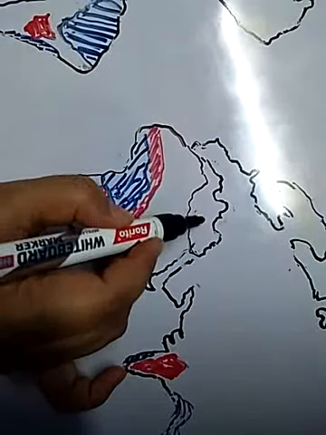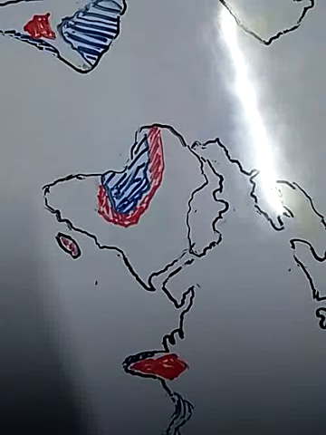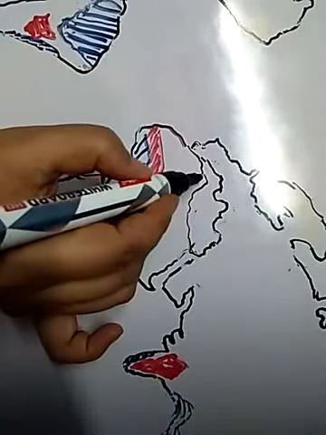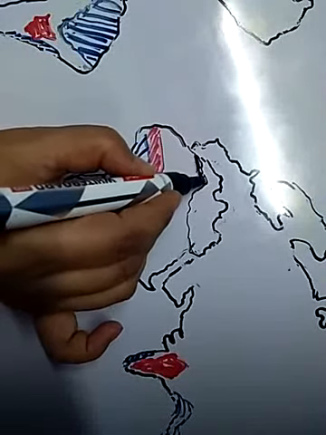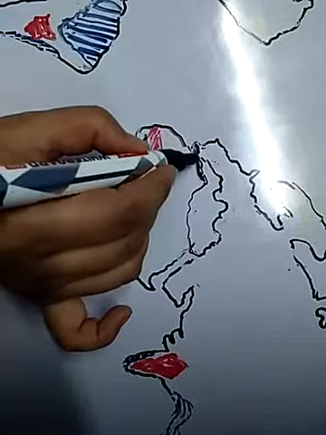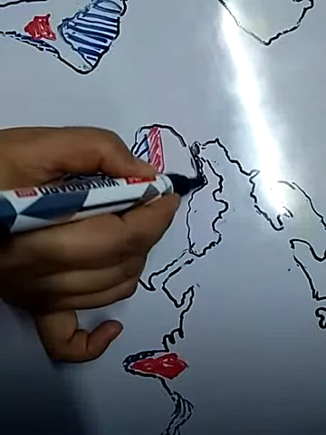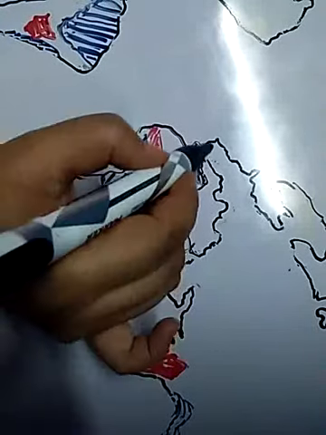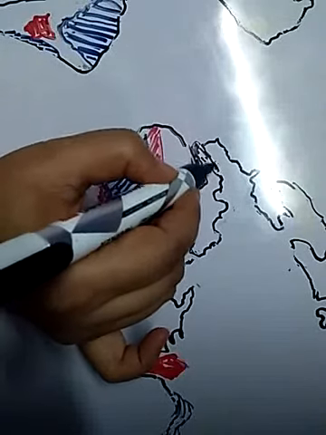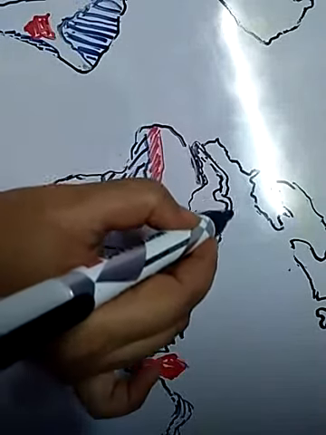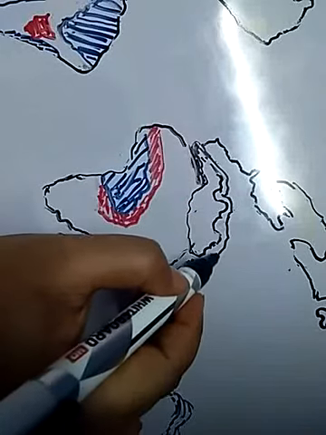Mediterranean Sea here, and these type of forests are found around the Mediterranean Sea here, in the shores of North Africa, in the shore of Europe, and also in the shores of Asia.